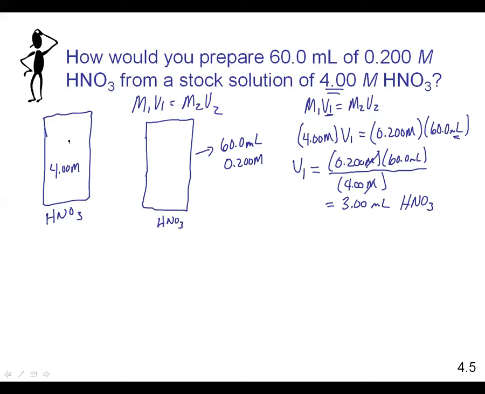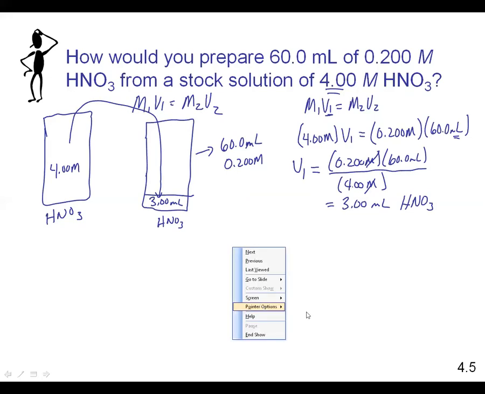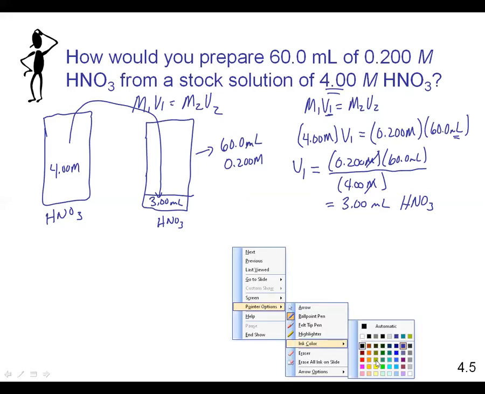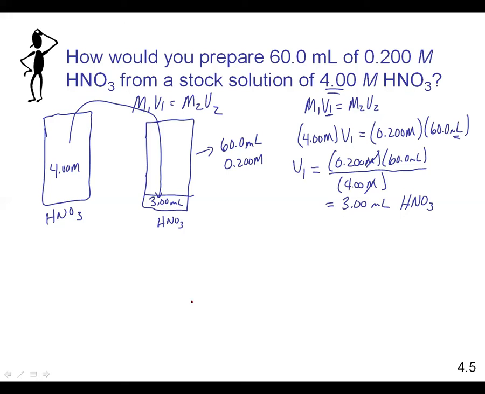So technically speaking, we would take out of this bottle and put into our new one 3 milliliters of our nitric acid. The rest of it would be water. Would I put another 60 milliliters of water in with it?